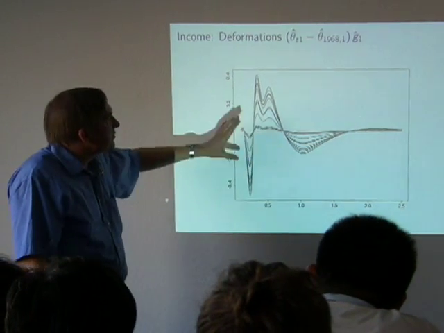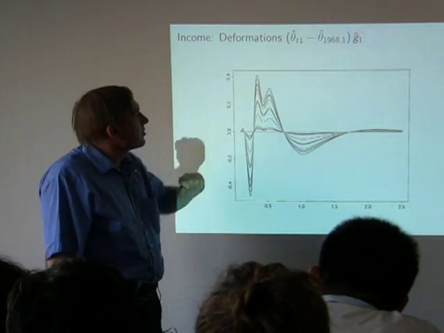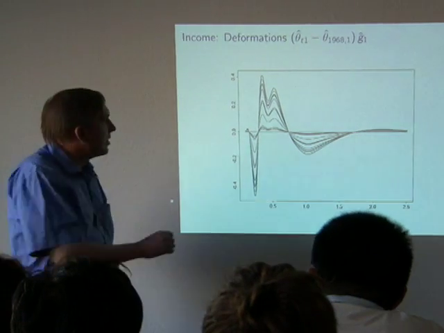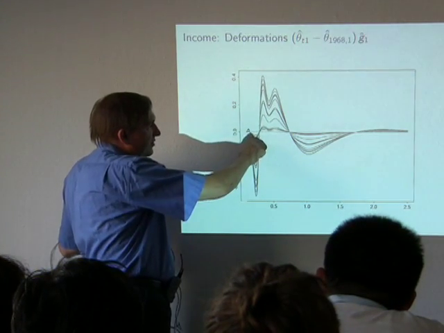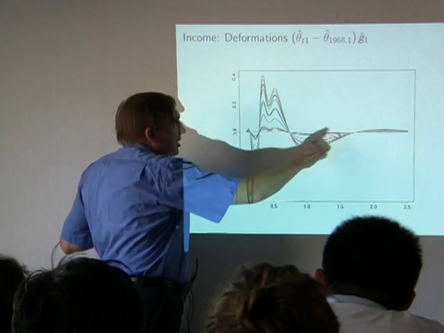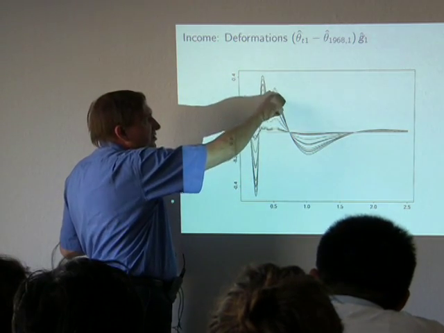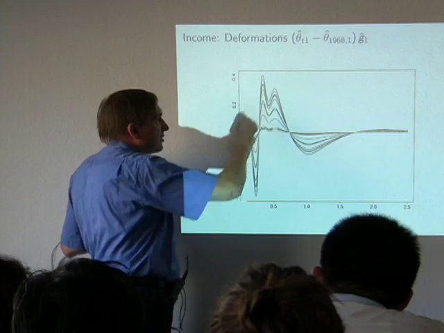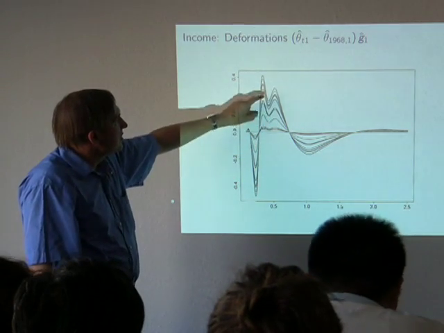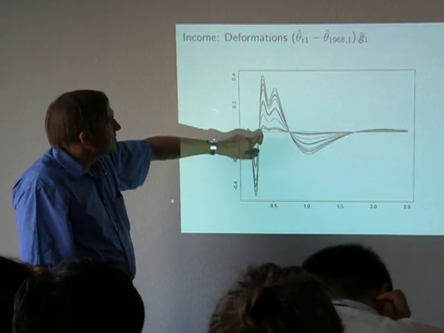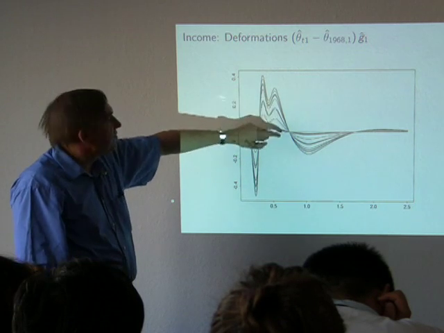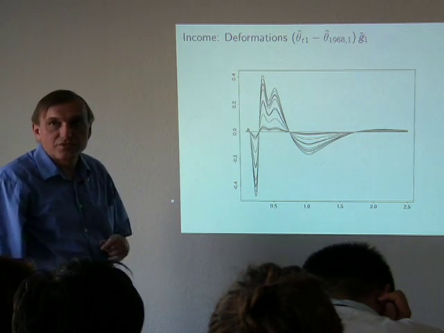Now, if you remember, the theta hats for the first principal component generally increase over time. What you see here, for example, 68 is this small thing, and here are the 80s, the big ones. So essentially it's increasing over time: this is 68, 69, this is 80, 82, 84.